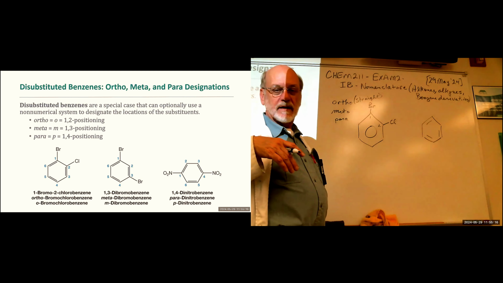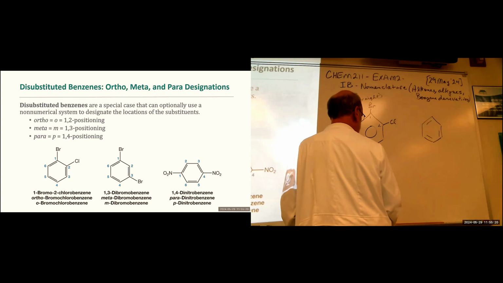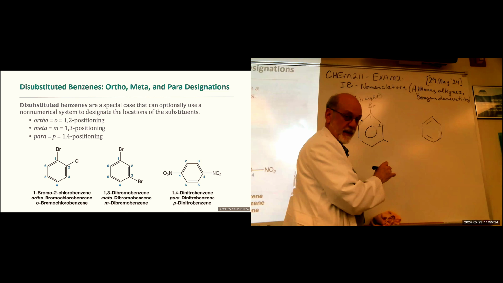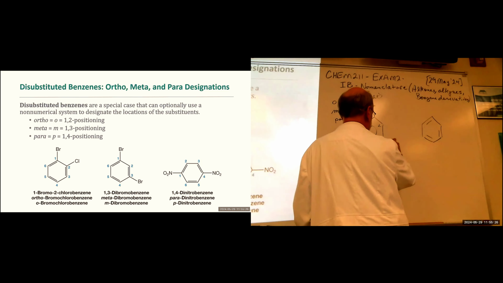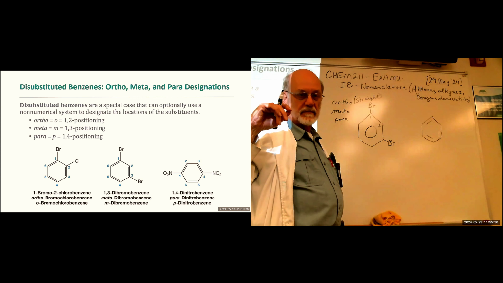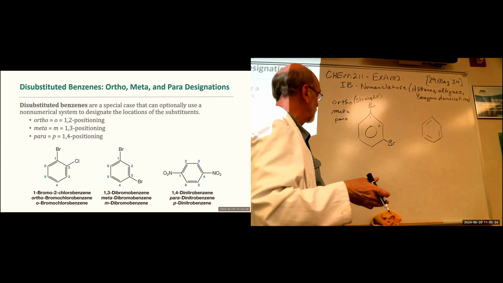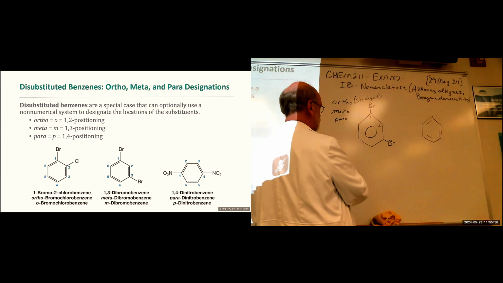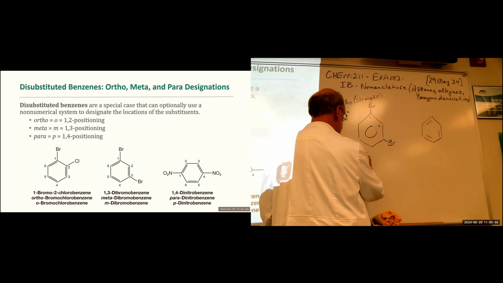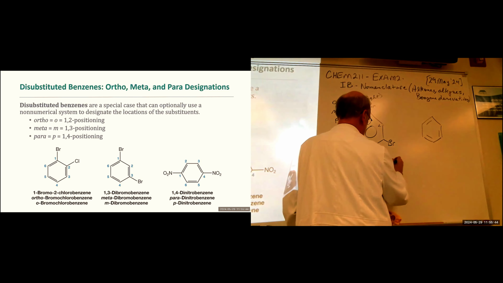Meta is you shift the group down to the number 3 position. And their example there gives you 2 bromines. So instead of ortho bromochlorobenzene, the first one was ortho, bromo, and we still are alphabetical, bromochlorobenzene.